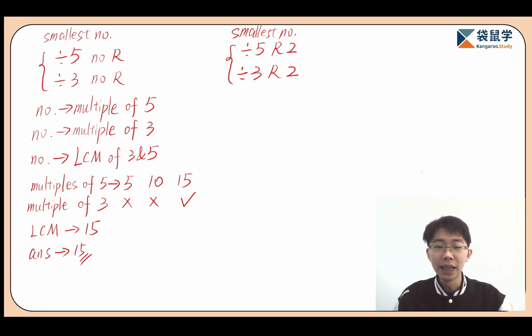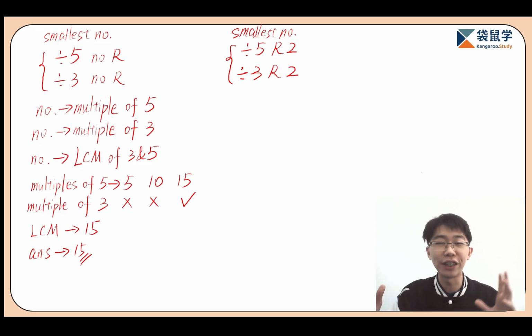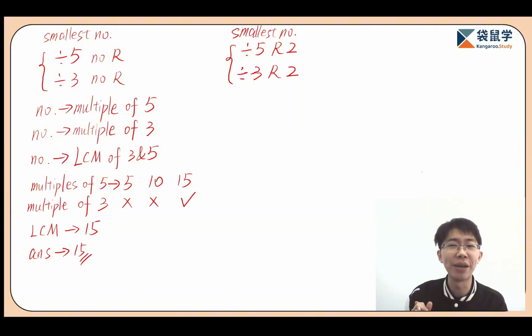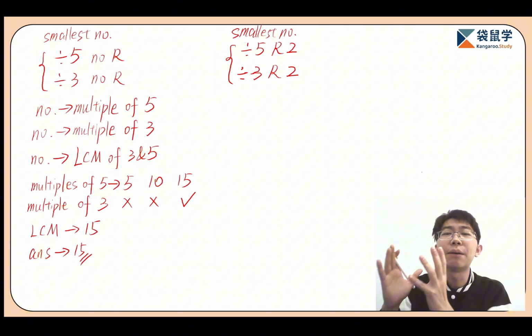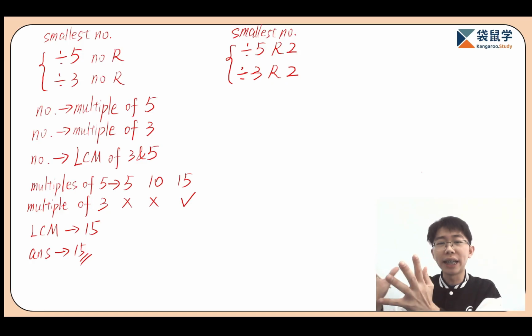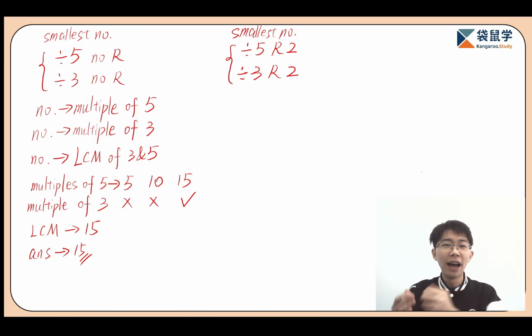You see, in the previous example, if there is no remainder, we already know the answer is 15, right? But now, in the second example, there are some remainders. So let's think about this. Can we convert this example into the example we know previously? That is, can we try to make this into an example without remainder? How can we do that?